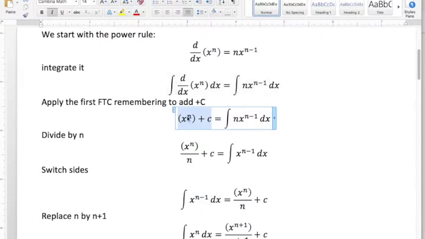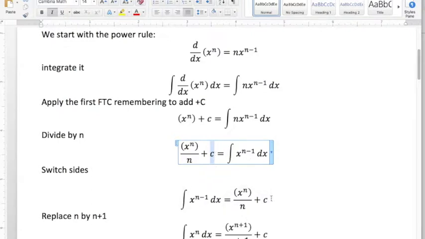So x to the n plus c is an antiderivative of n times x to the n minus 1 dx. I'm going to divide both sides by n, and I notice that c is an arbitrary constant, so this really should be c over n, but c over n is just a different constant.